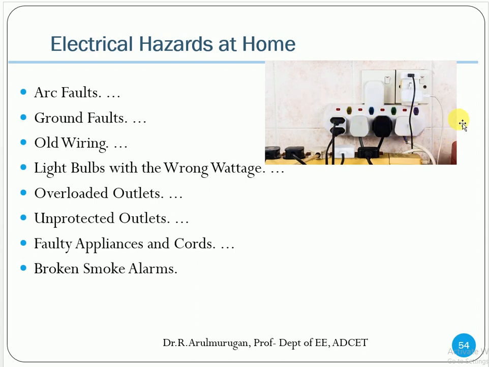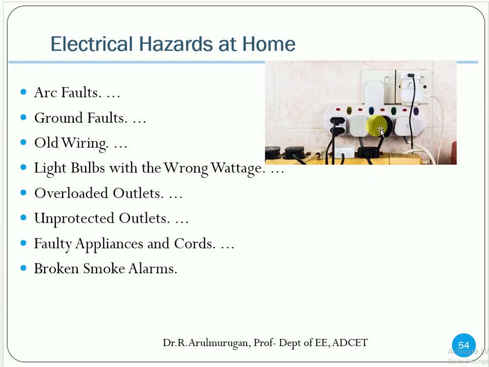That is the reason it is called an electrical hazard. An arc is produced in such faulty systems. Ground fault is a problem. Old wiring is used, and a light bulb with the wrong voltage. It can withstand a maximum of 4 amps, so you should not use this many sockets. Overload, you are using overload. So, do they use any protective device?